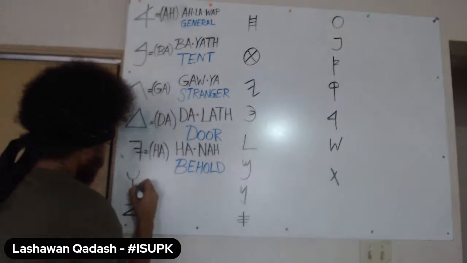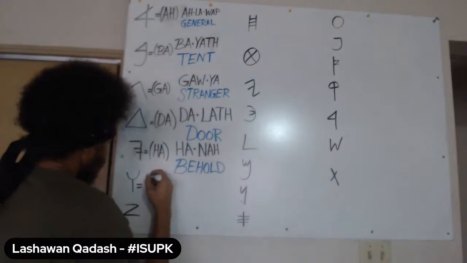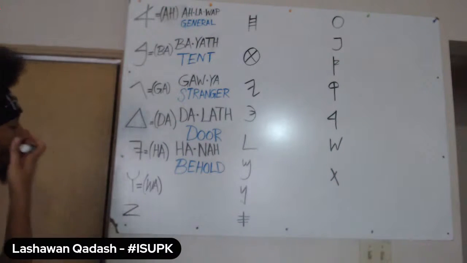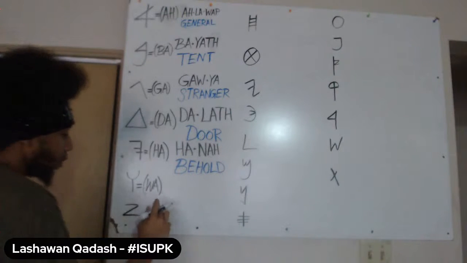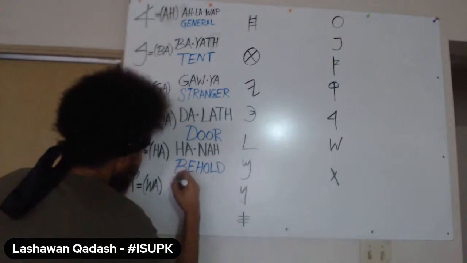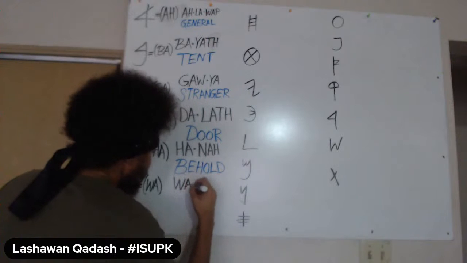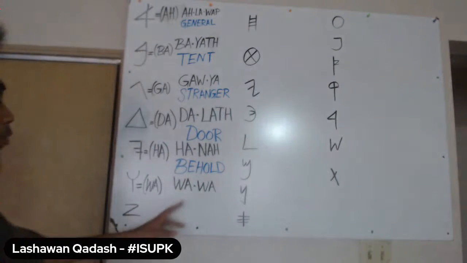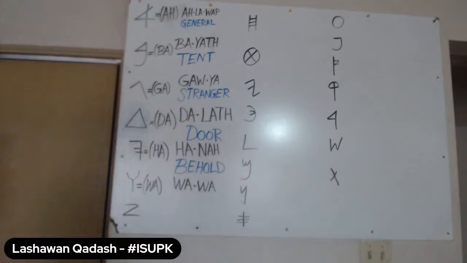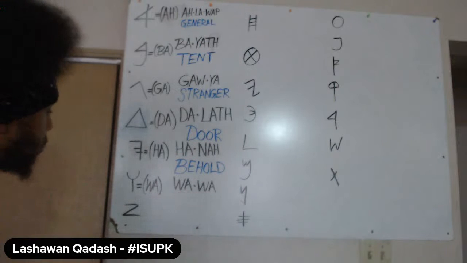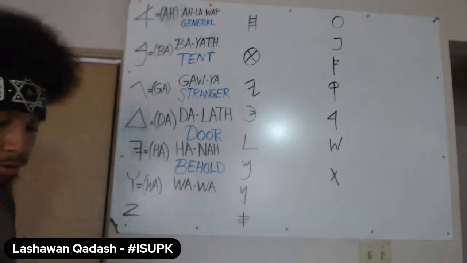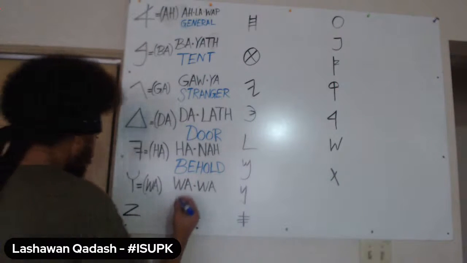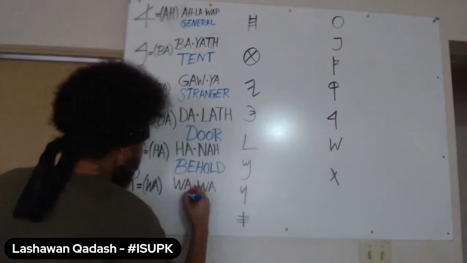Now we have the wa, W-A. Now this one right here, we have a Hebrew word, wa wa. Wa wa is the Hebrew word. What does it mean? It means hook.